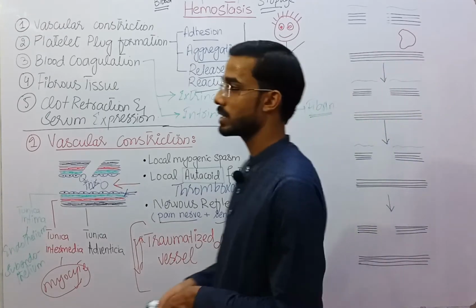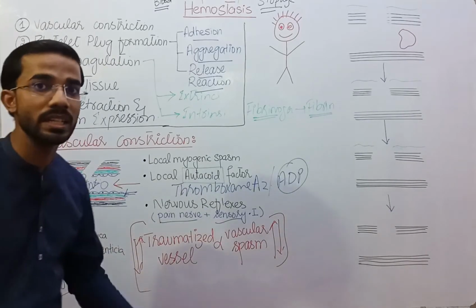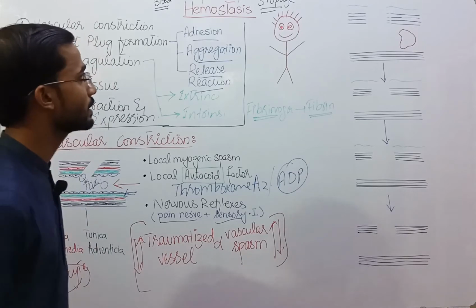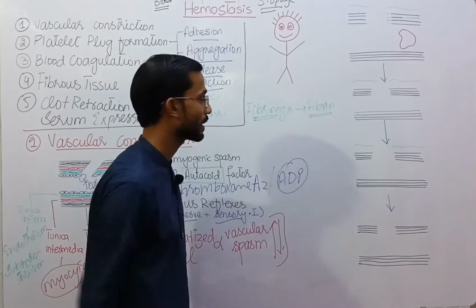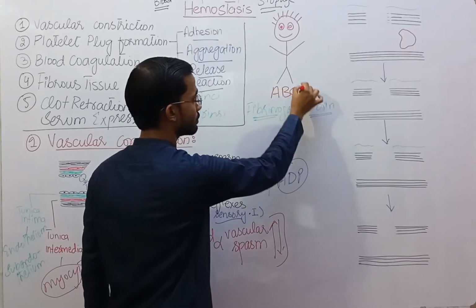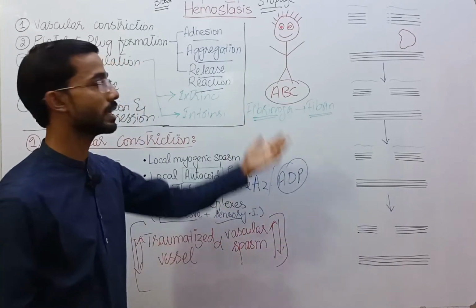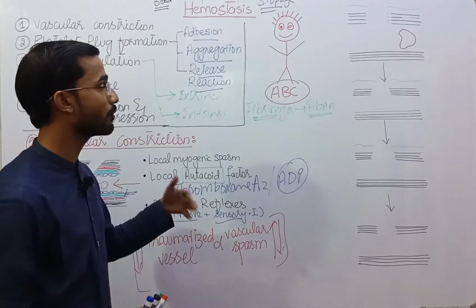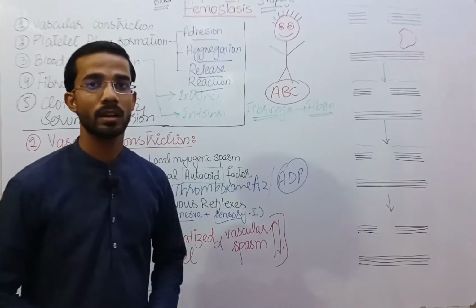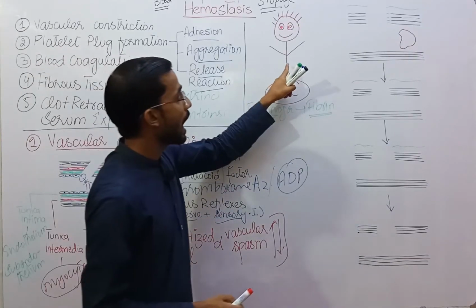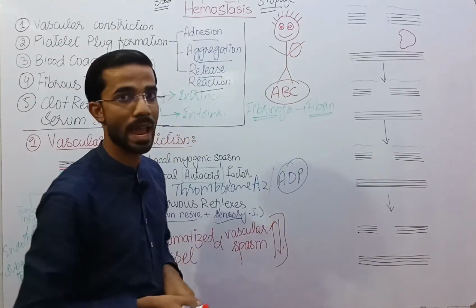Next, we will see diagrammatically these 5 processes which occur in hemostasis. This is a cute boy who is smiling in front of you. He is playing on a ground, and while playing he fell down and got injured on his hand.